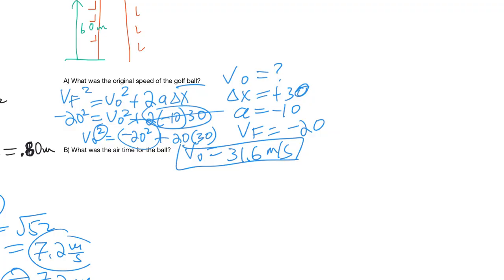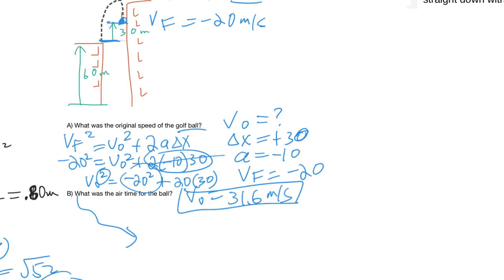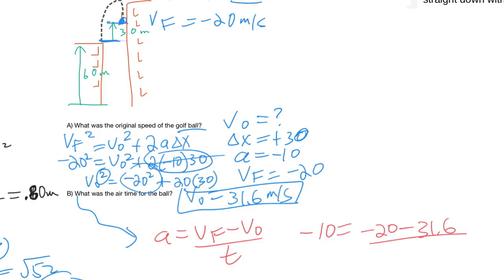What was the air time for the ball? Okay, so the total time. Well, no, that's okay. That's the easy thing. So A equals VF minus VO over T. Negative 10 equals VF, which is negative 20, minus VO, we just found 31.6, over time.